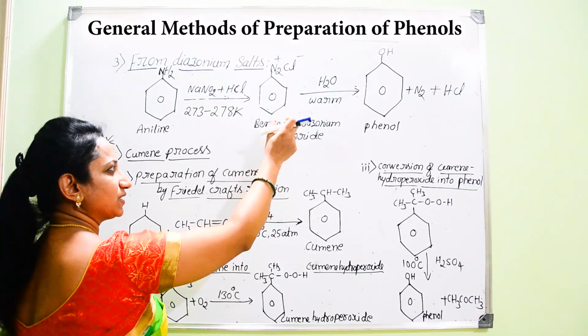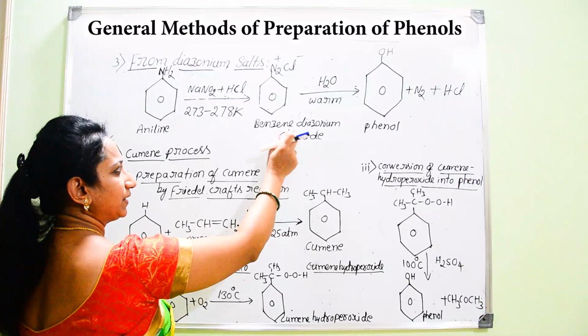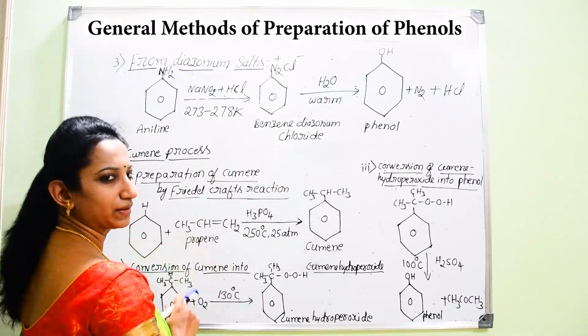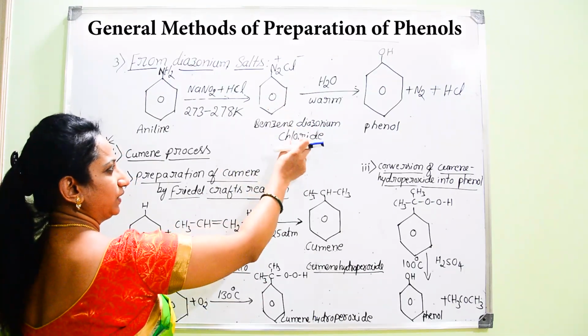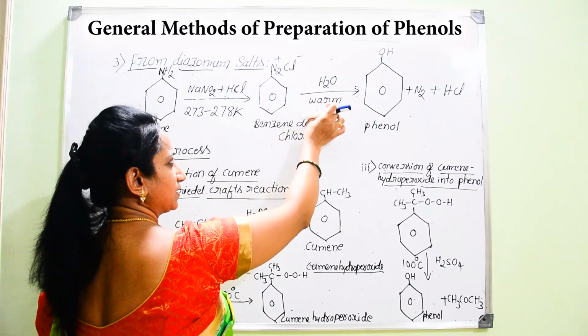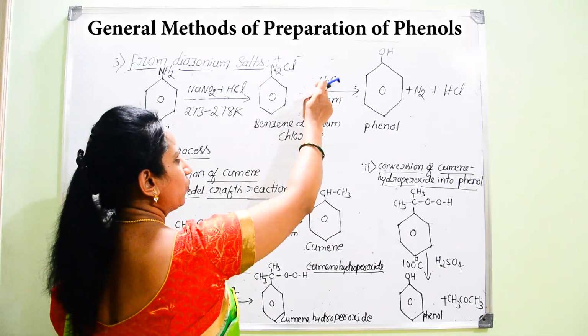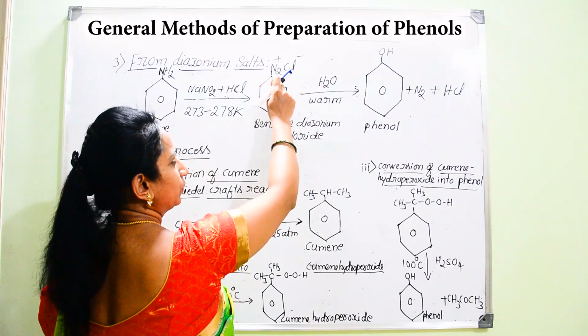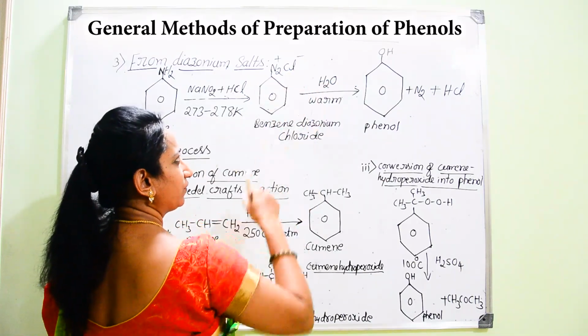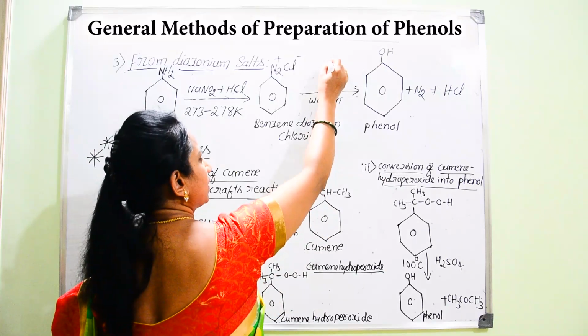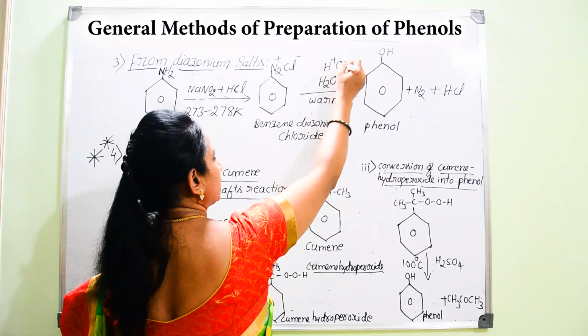Once you get this diazonium salt, benzene diazonium chloride, it is further subjected to hydrolysis at a warm temperature. Then we can easily remove this N2 group as well as Cl. In the case of water there will be the presence of H plus and OH minus.